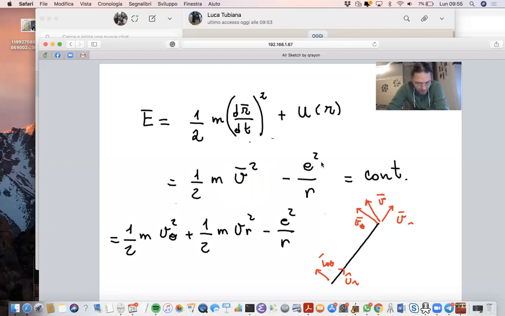Yeah, so this is still a two-dimensional expression because I have two variables, theta and r. So it looks like we have not yet done much progress.